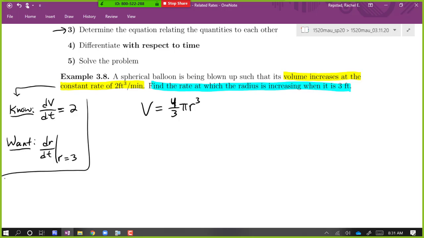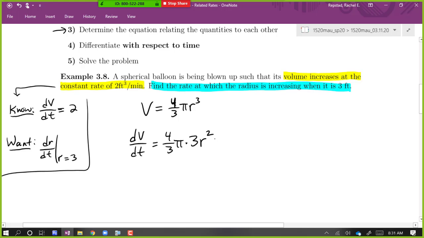Okay. So I know dV/dt, I want dr/dt, so my next step is I would like to have an equation with dV/dt and dr/dt. So I'm going to take this equation, V equals 4/3 pi r cubed, and I'm going to differentiate with respect to time. On the left side, we just get dV/dt. On the right side, using the power rule, we get 4/3 pi times 3r squared.